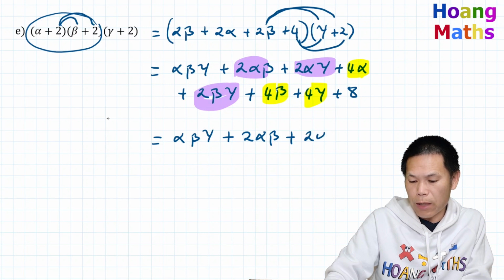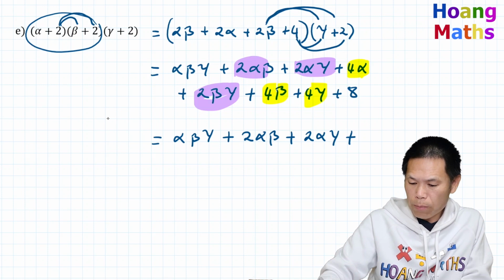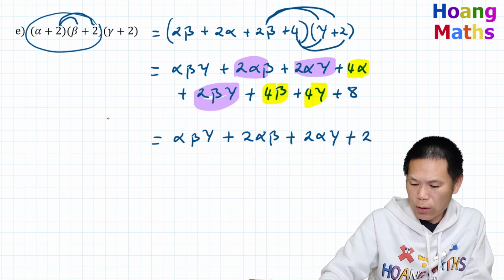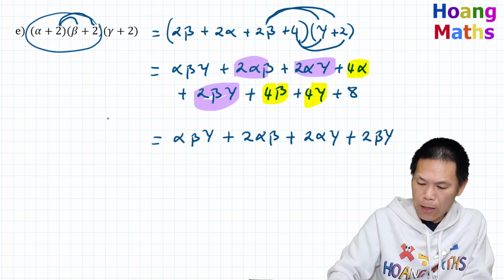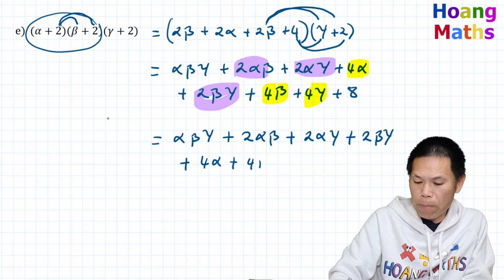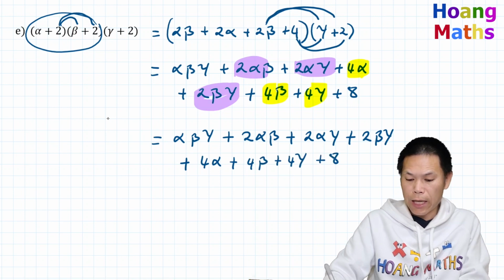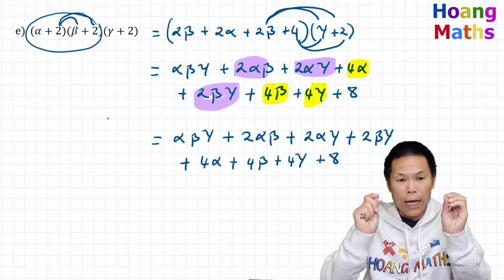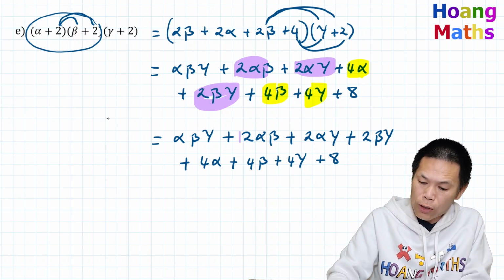And we add 2 lots of beta gamma. And then we add, so now we have 4 alpha plus 4 beta plus 4 gamma. We add 8.